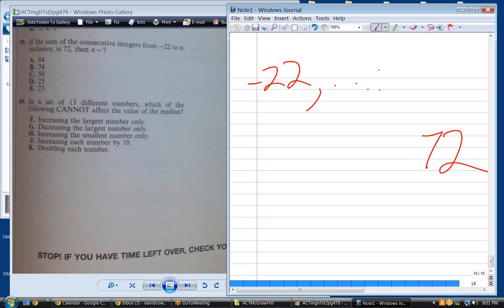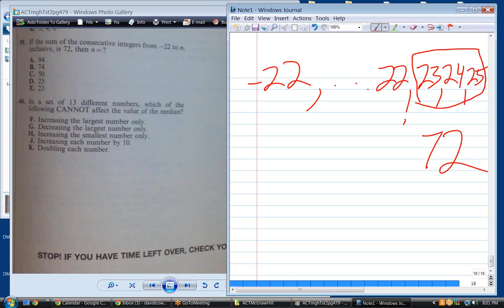And so you just have... Right. So, since the sum is 72, I must have that, that, and that. In other words, those 3 numbers add to 72. So n is 25. Right.